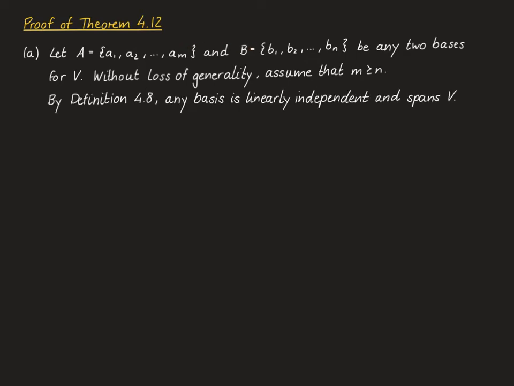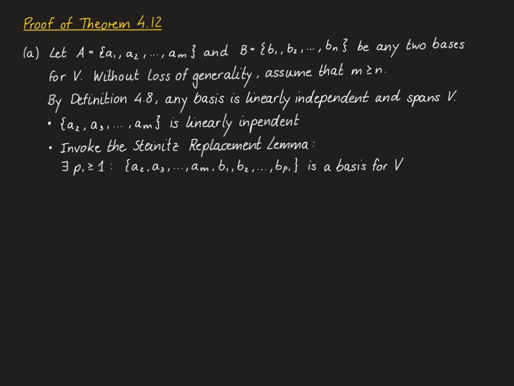Recall that by its very definition, any basis is a set of vectors that's linearly independent and spans the entire vector space V. Now, since the vectors a1 through am are linearly independent, also the vectors a2 through am are linearly independent.